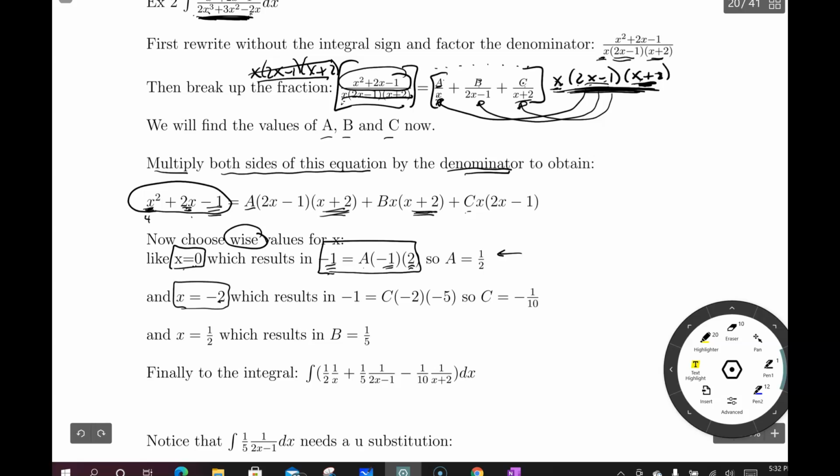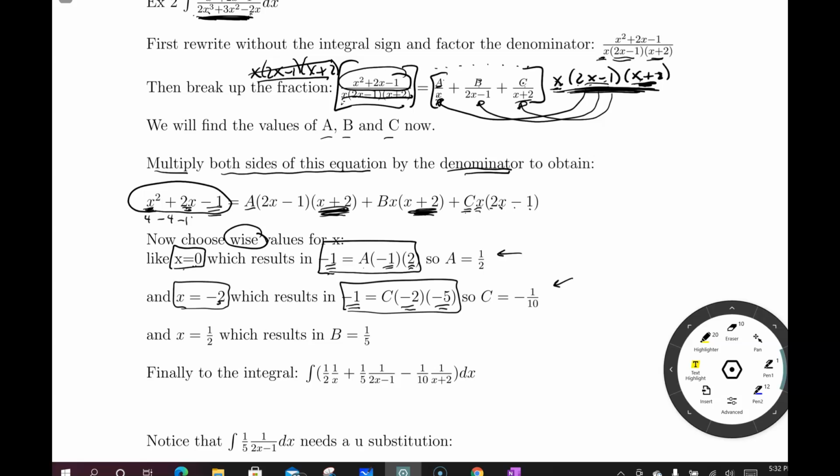Here I get 4 minus 1, so it still is -1 on the left-hand side. Plug in x equal -2, that's 0, that's 0. So I'm going to have C times -2, and put -2 in here, so I'll get a -4 minus a 1, so it's a -5. Solving this, I get C is -1/10.